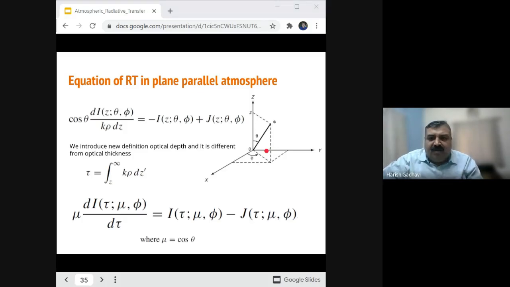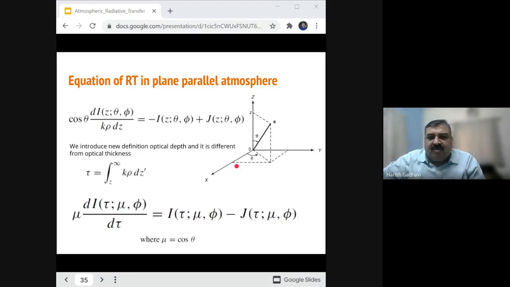So most of the time when dealing with atmospheric radiative transfer, you will assume a plane parallel atmosphere. That means atmospheric properties vary in the vertical direction. You look at how the radiation varies as a function of the vertical direction, but you don't worry about the horizontal directions, because for small distances you can take it as homogeneous.